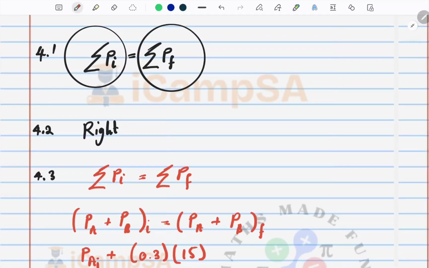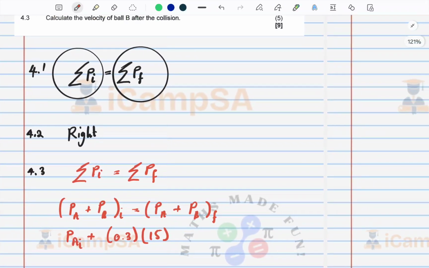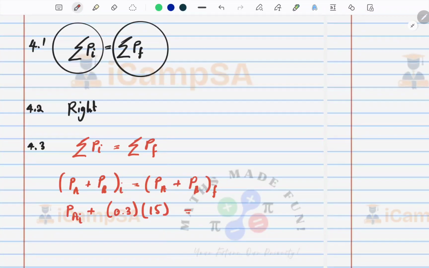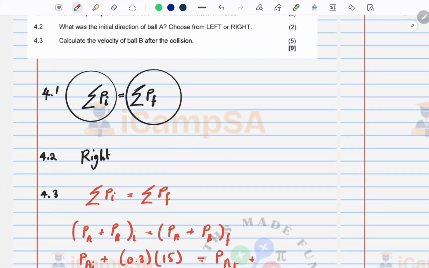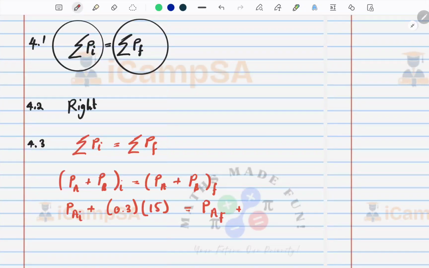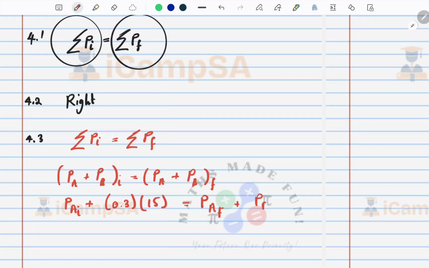And this is going to be equal to PAF, we don't have, plus PBF. We don't have this.